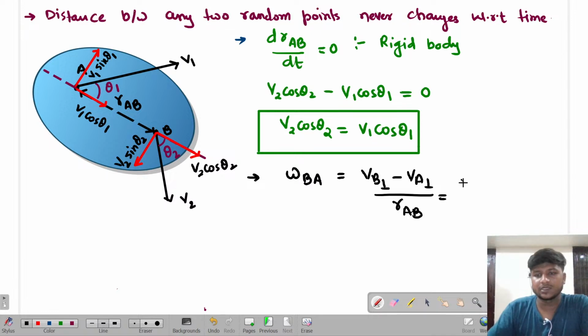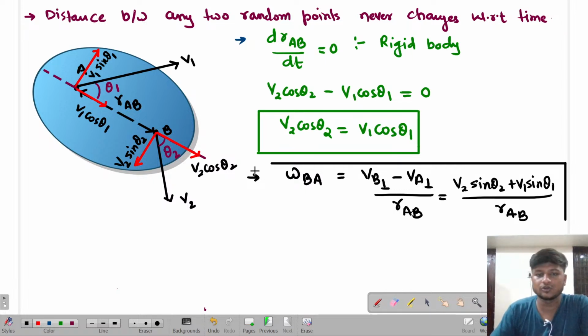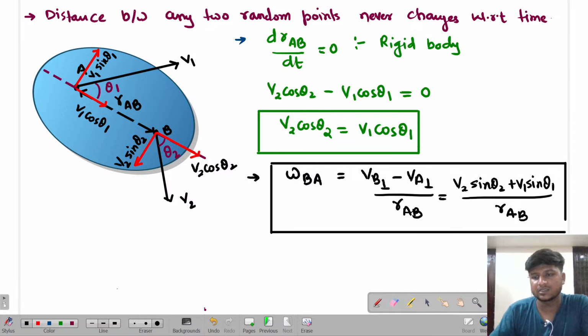So the velocity of B perpendicular is v2 sin theta 2 plus v1 sin theta 1, because they are in opposite directions, divided by RAB. That's your answer. Yes or no? So that is the angular velocity equation between any two points of a rigid body. Clear or not? Yes.